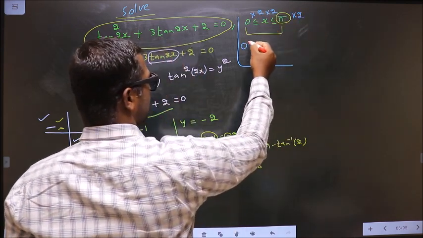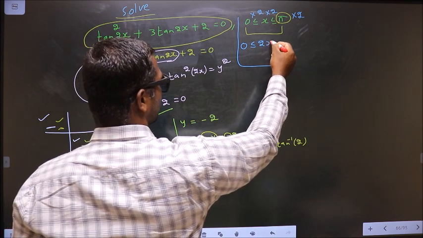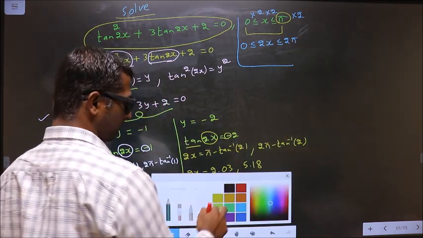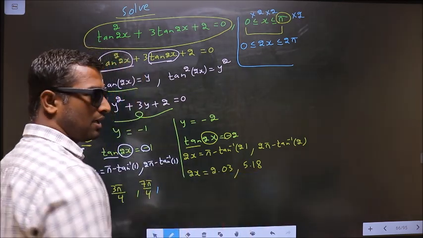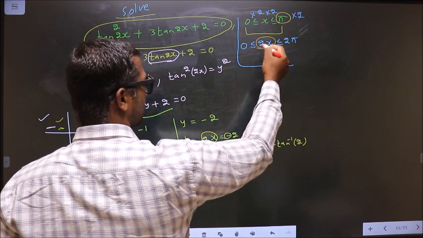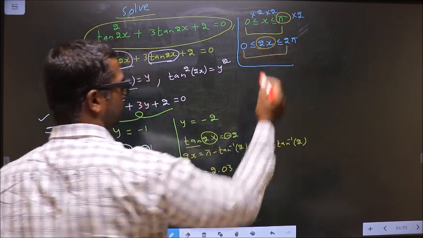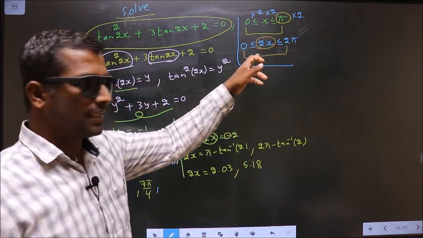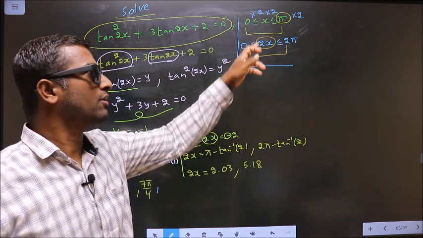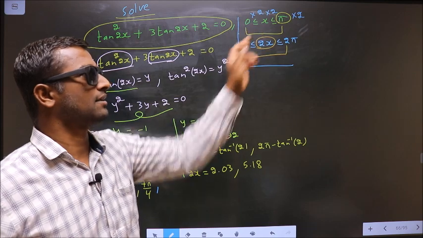So we get 0 less than or equal to 2x less than or equal to 2 pi. So now the values of 2x should lie in this interval. When this happens, then automatically the values for x will lie in the interval.